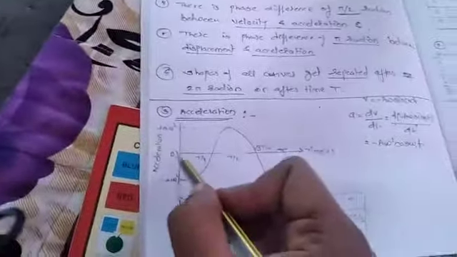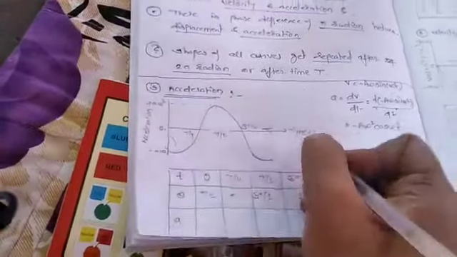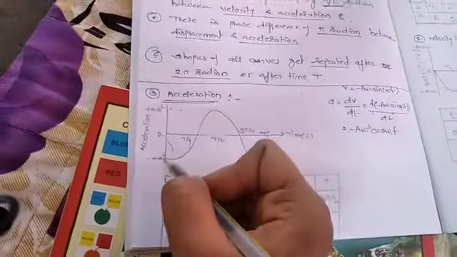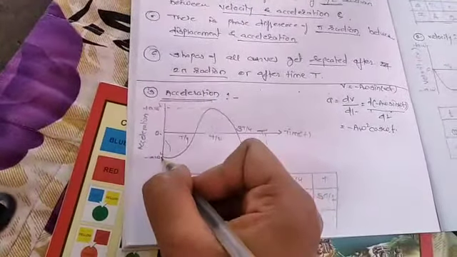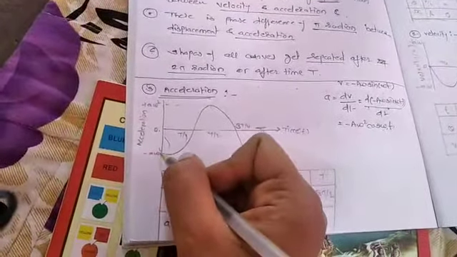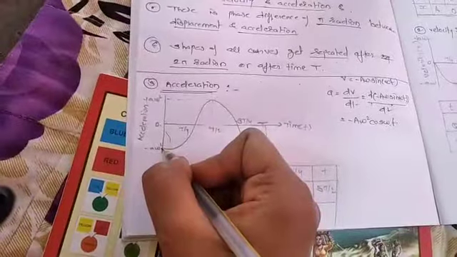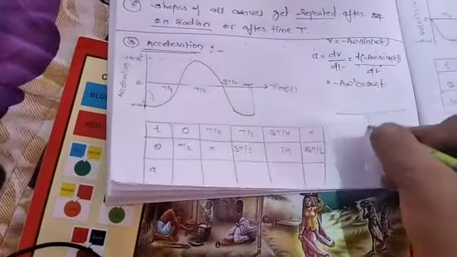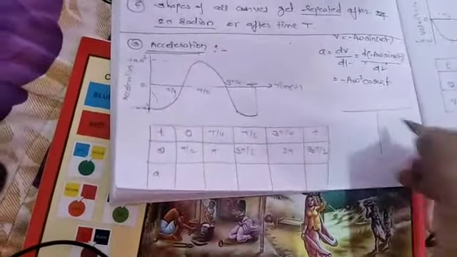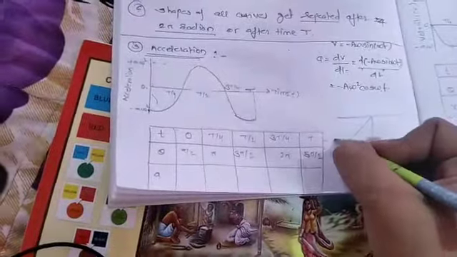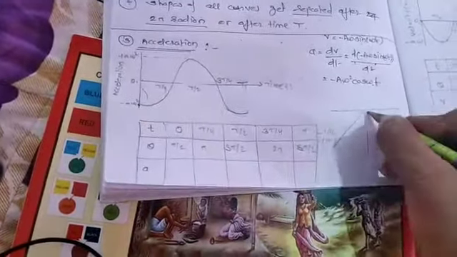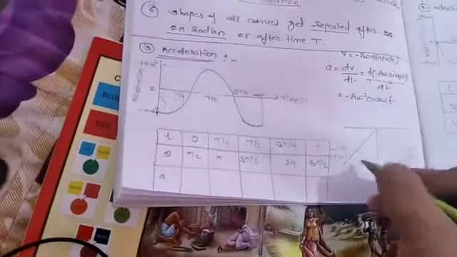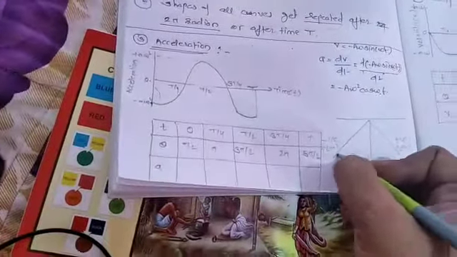So here is the acceleration and time graph. Here the particle starts from the negative extreme position. This is the negative extreme position, this is the mean, this is the negative extreme, and again here the positive extreme. So where is the position of the particle? The particle is initially here.